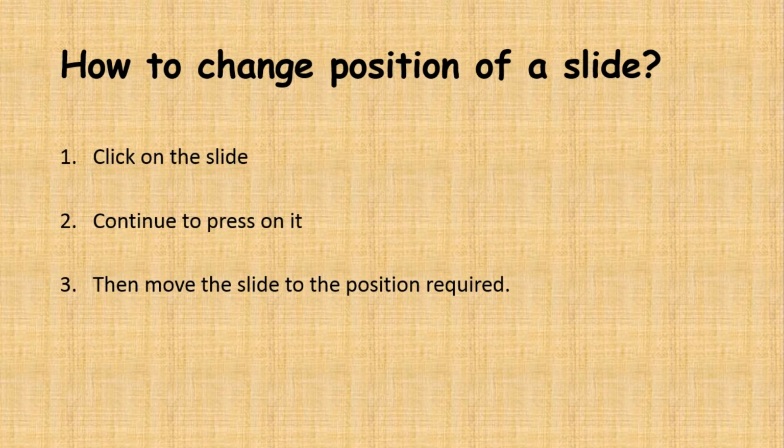Then you move your mouse till you reach the position of the first slide, because I want to move the last slide to the first slide. I move it to the position of the first slide and then I release my mouse. The position will change automatically.